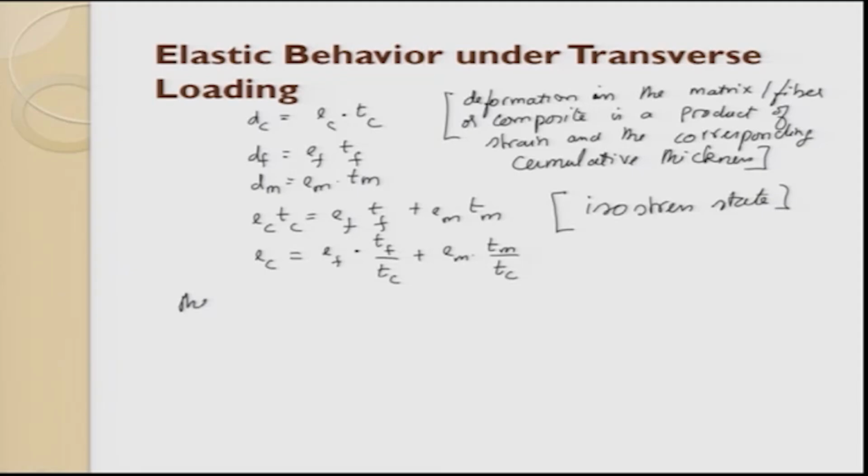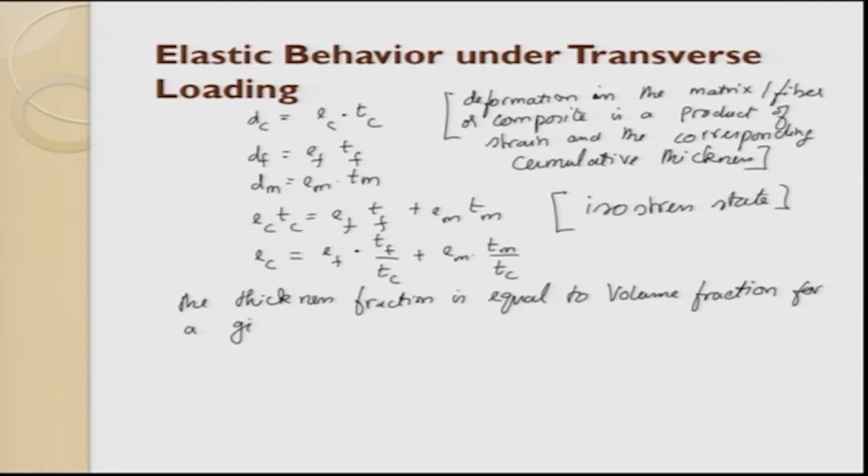So, the thickness ratio, whatever we find out, the thickness fraction is equal to volume fraction for a given composite with uniform length.